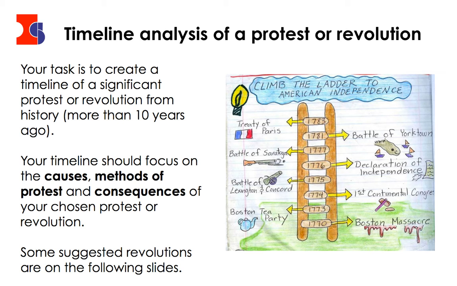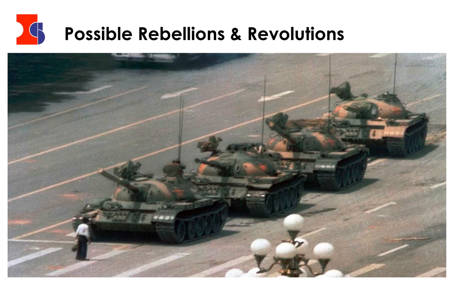So your first task will be to work out what revolution or protest you are interested in covering, okay? And we'll talk a bit more about that today. Some ideas and possibilities that students have done before, okay? This one you might recognize.